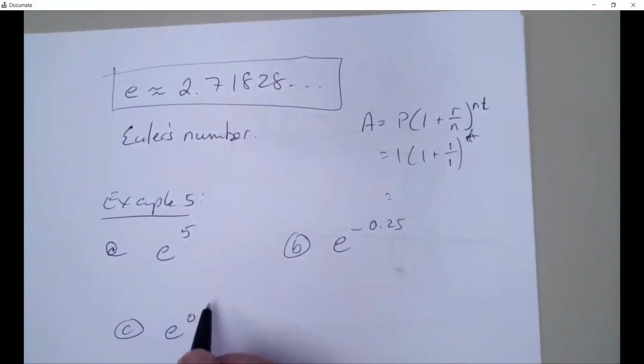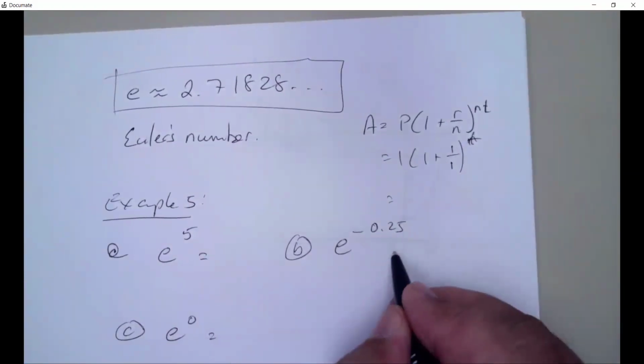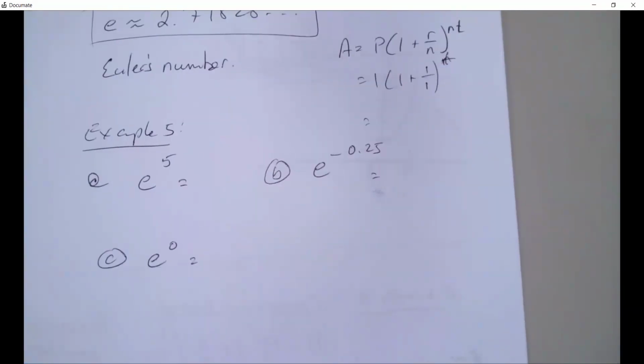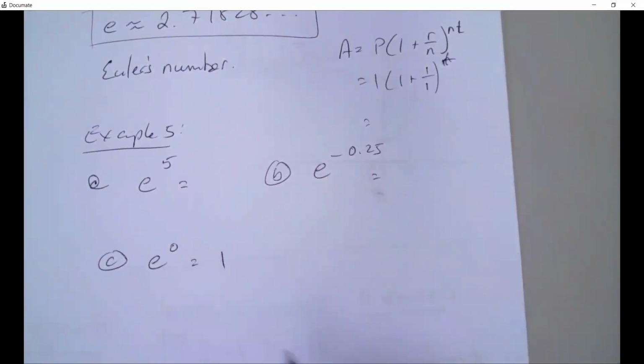So since it is a number, it's a constant. e to the 0 power is what? 1. Anything to the 0 power is 1. e to the 5th power? Well, if you look at every calculator, you will see somewhere there you have an e function, the exponential factor.